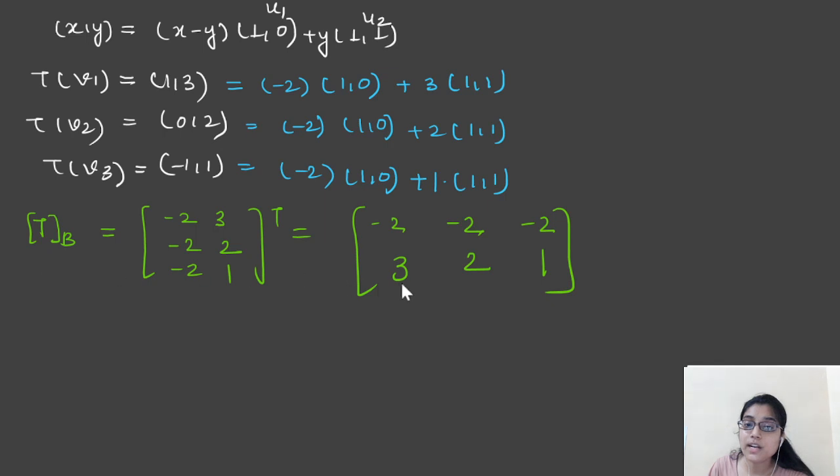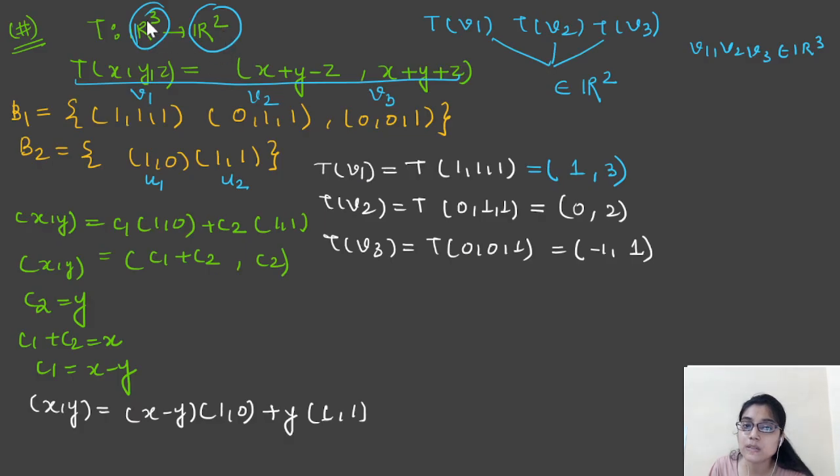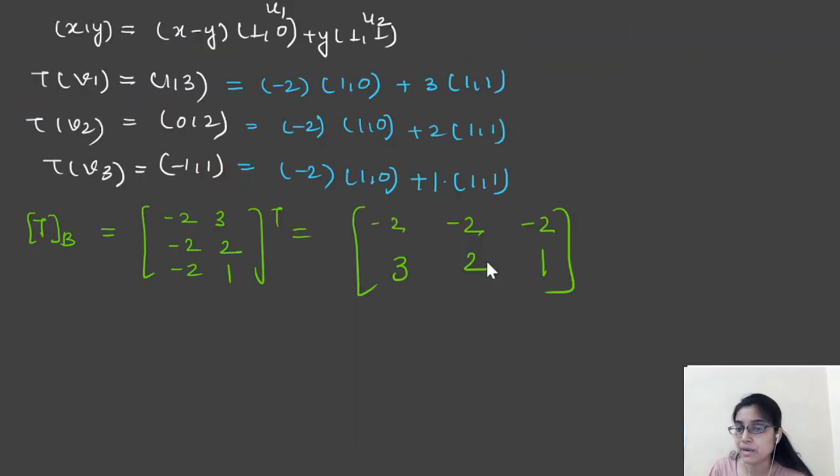So suppose you are getting a matrix of order 3 cross 2, again you will say that this is wrong. Why? Because 2 cross 3 is going to be the order. This is the matrix we are getting.